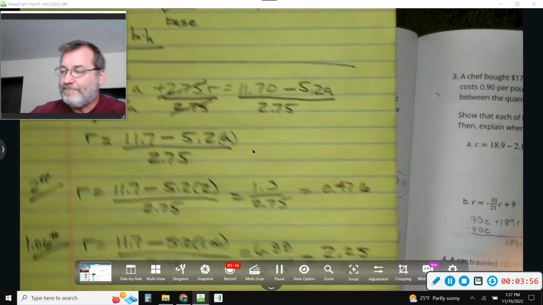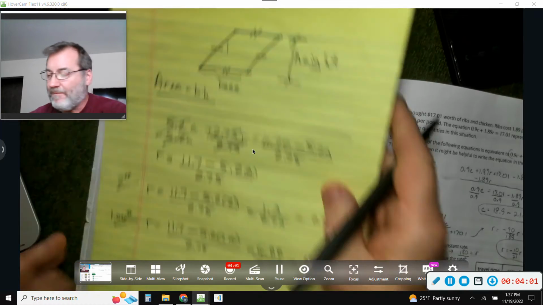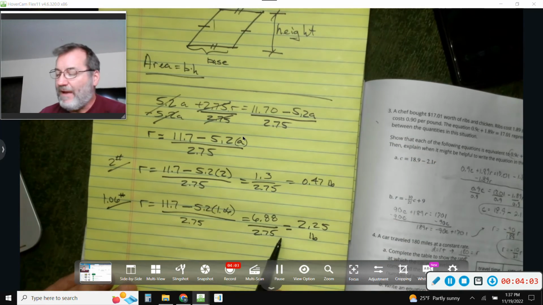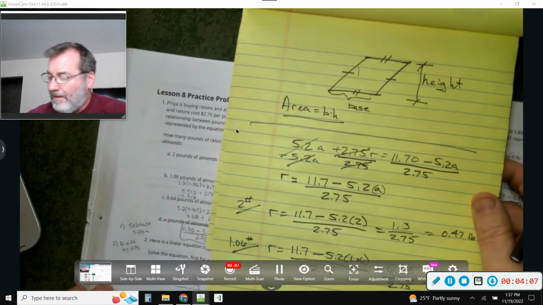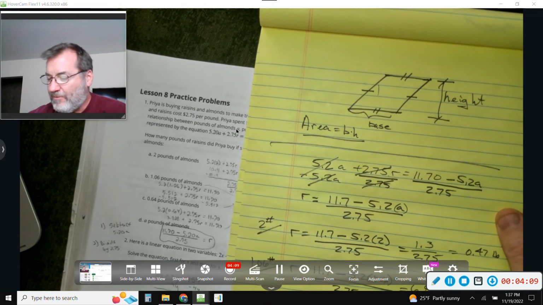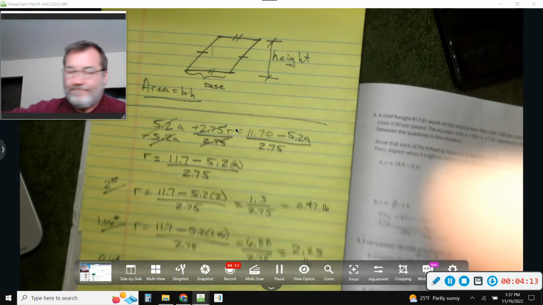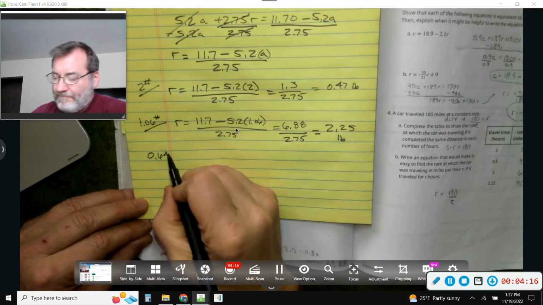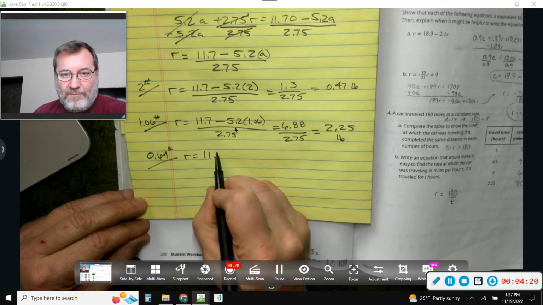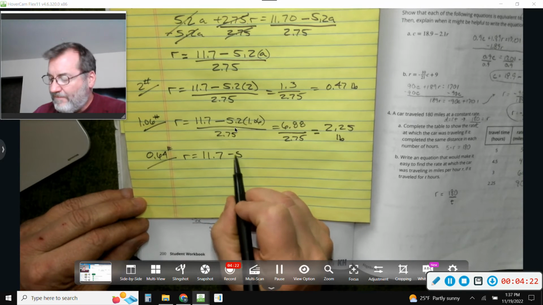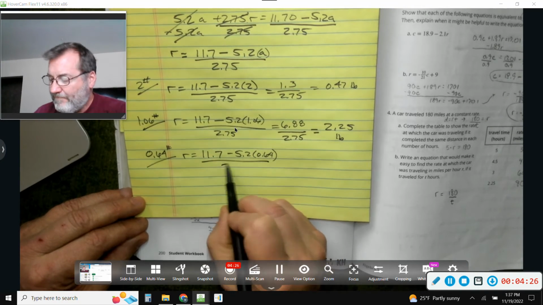Let's see if I can move this out just a little bit. There we go. So there's our math, that's where we're at so far. Our next one is 0.64 pounds of almonds. R equals 11.7 minus 5.2 times 0.64, divided by 2.75.